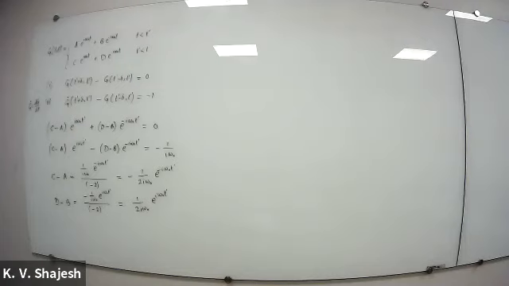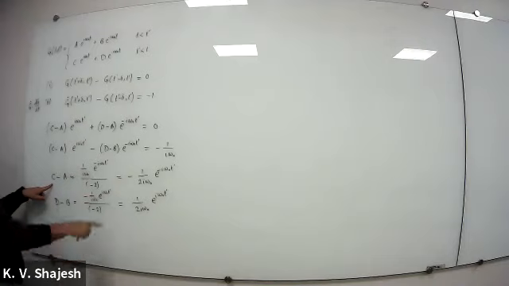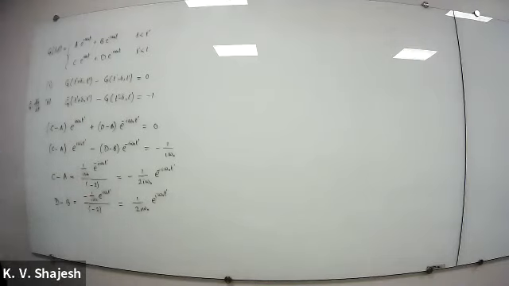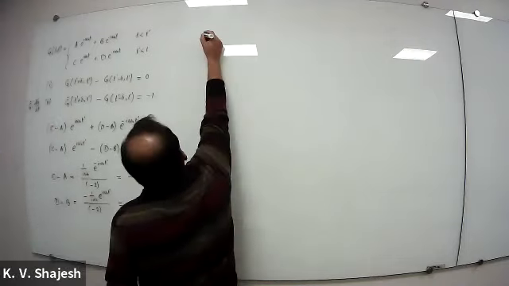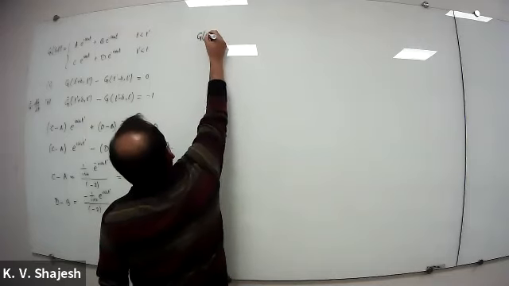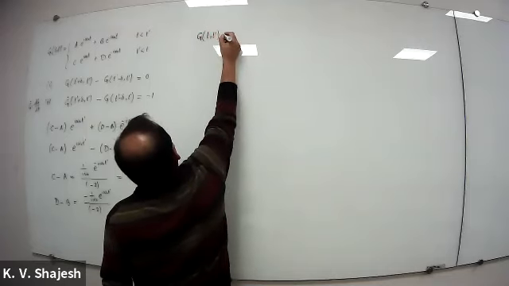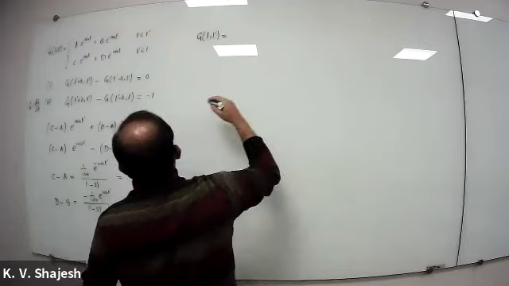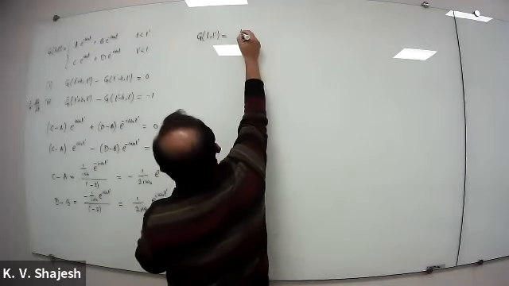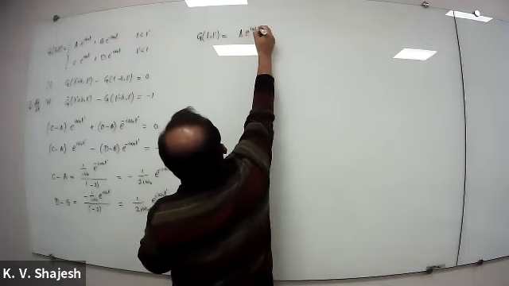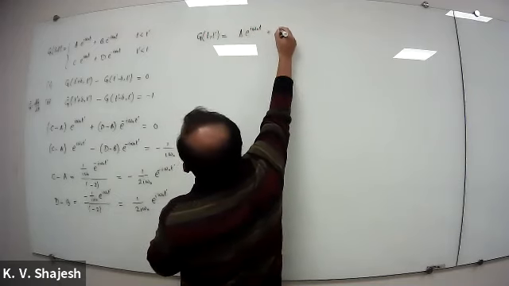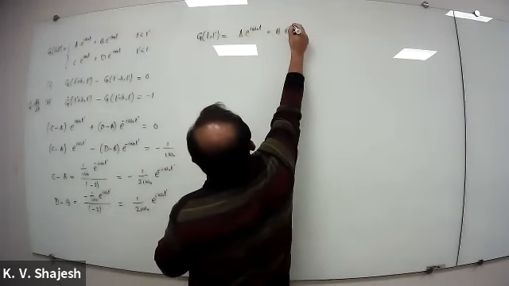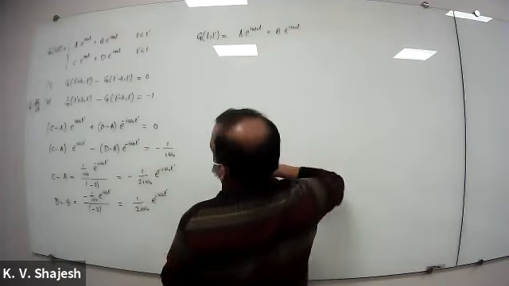Okay. So I substitute the c value, which is a plus something. Right. So my solution G(t, t prime) is equal to, the first one I keep as it is, a e raised to i omega naught t plus b e raised to minus i omega naught t.